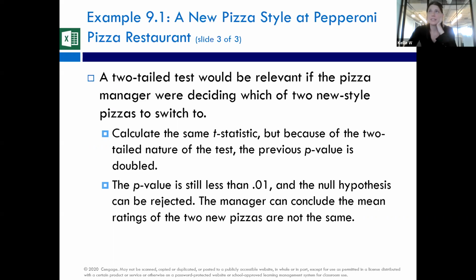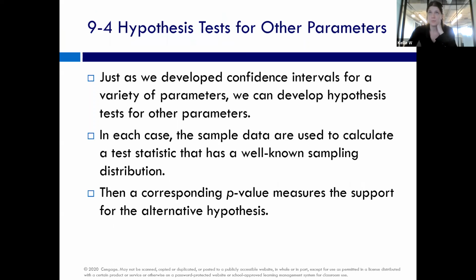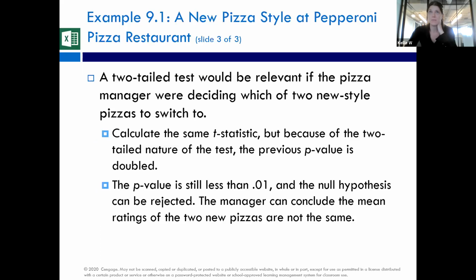The t statistic is the same, but basically the p-value doubles. Because this is a stricter criterion, if it was 0.004, it becomes 0.008, which is still less than 0.01. So we can still feel pretty confident that the mean ratings for the two pizzas are not the same.